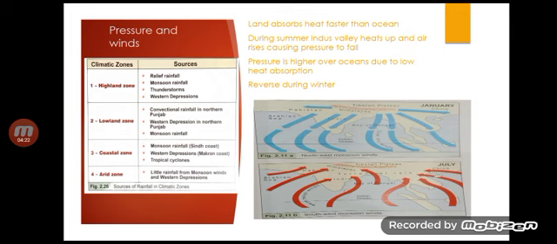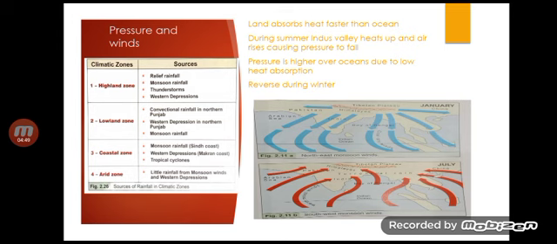These are the only three sources. In the coastal zone, it's monsoon, Western depressions, and tropical cyclones. We will discuss tropical cyclones in the next slide, so bear with me. In the arid zone, there is a very small amount of rainfall, and it is only caused by monsoon winds and Western depression.